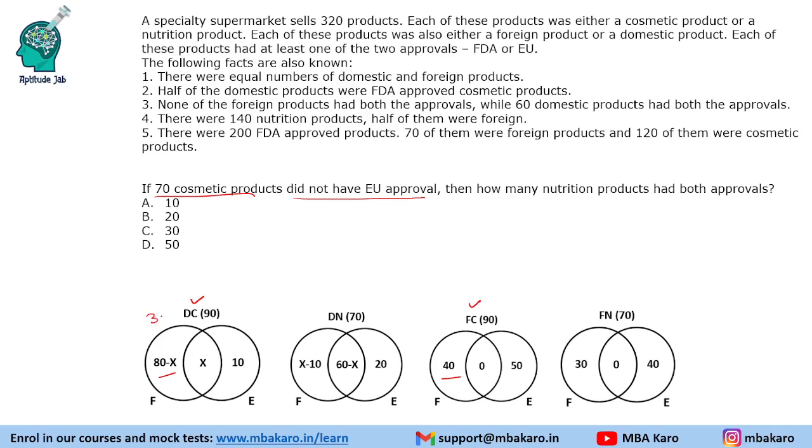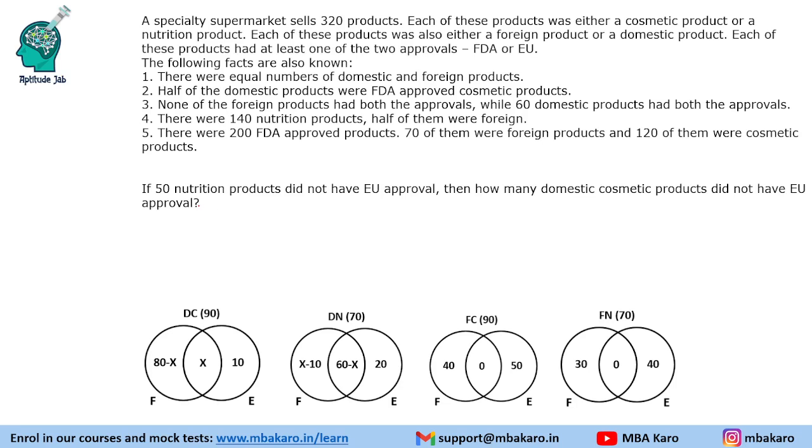So that means this value should be 30 or it means x is equal to 50. Okay, now putting x equal to 50, we need to answer how many nutrition products had both approvals. So nutrition products, these will not have any of the approvals. Okay, so we will just count this 60 minus 50. We will have 10 such products. So the answer is 10.